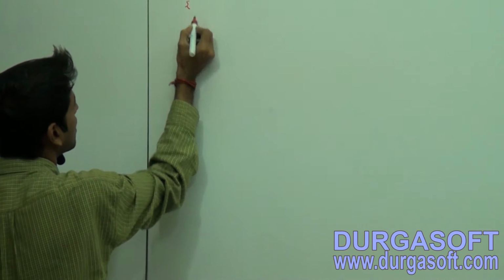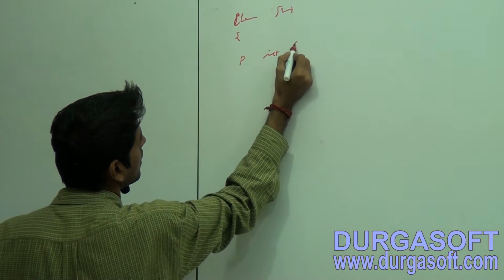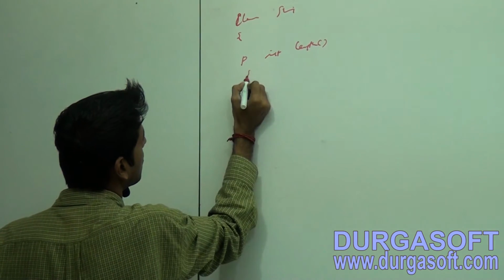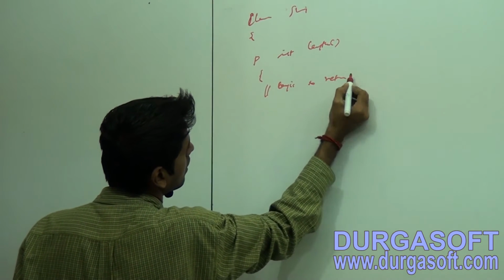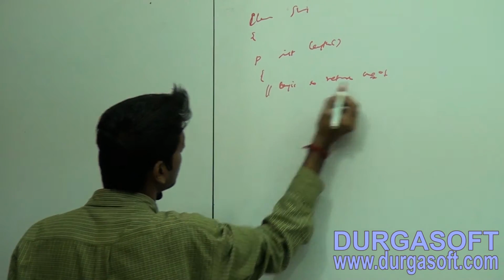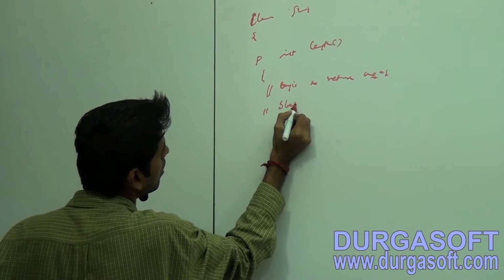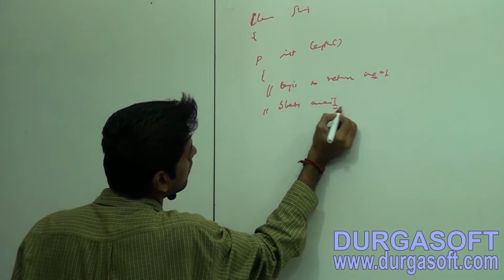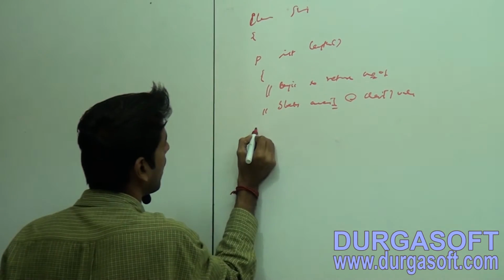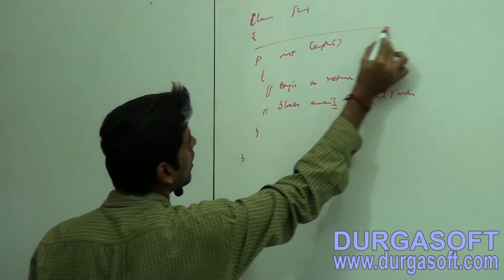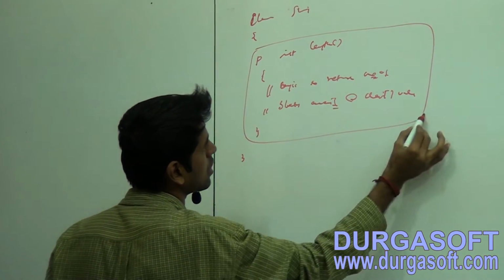It returns the number of blocks available at the char array, which is referred to by value. Yes, we have understood this logic.